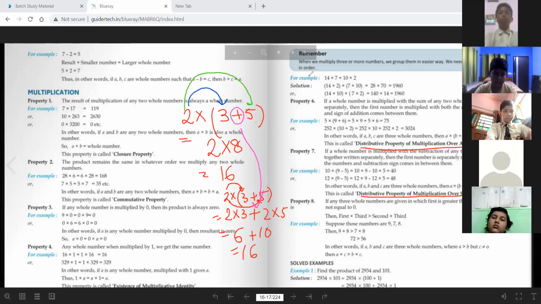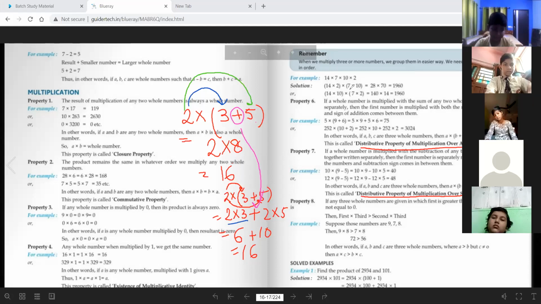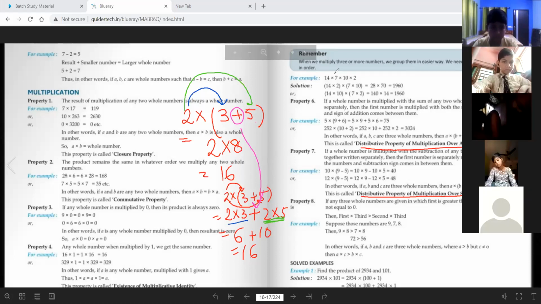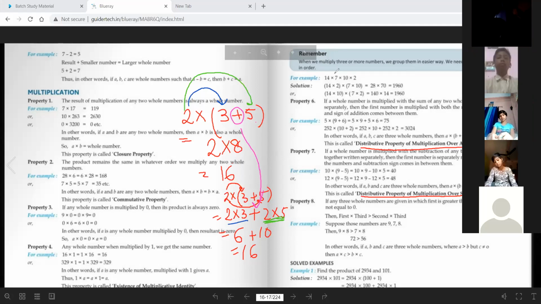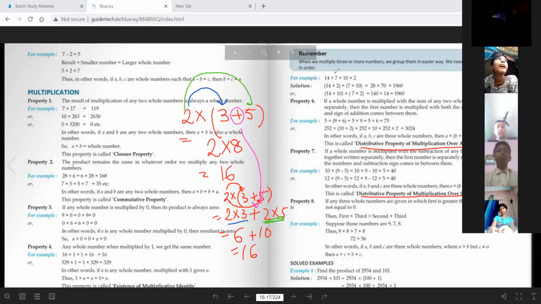After that this first multiplication is sitting here, and the second multiplication is sitting here. The same thing is applicable for subtraction also. And this property is very easy. You all can see and understand, all have understood.